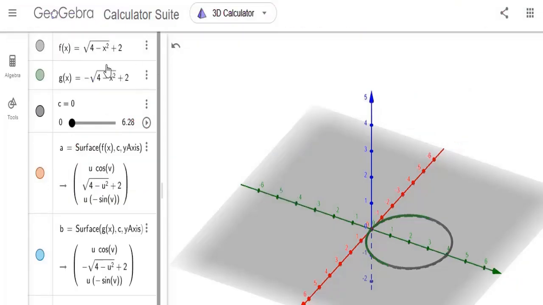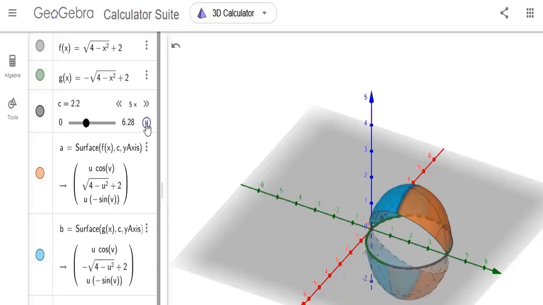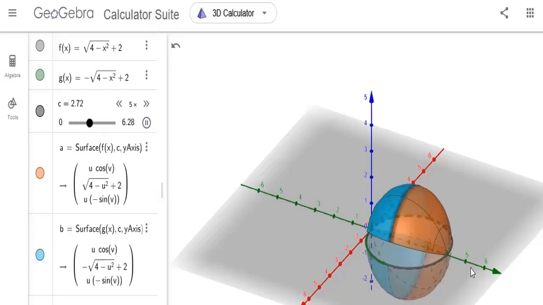So the third animation: y equals square root of 4 minus x squared plus 2, and y equals minus square root of 4 minus x squared plus 2, and that is a circle. The rotation is around the y-axis. Again, the red is the x-axis, the green is the y-axis, and the blue is the z-axis. And here you go. You can see it is around the y-axis.